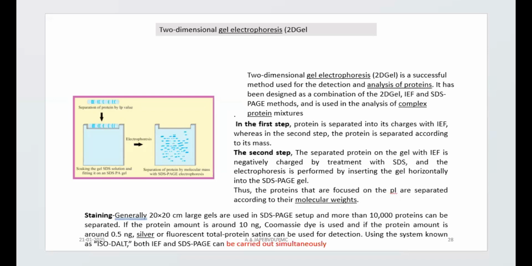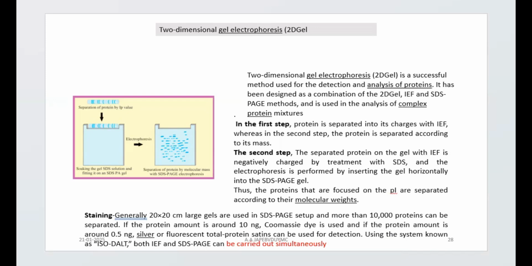So in the first step, the protein is separated on the basis of charge with isoelectric focusing. And in the second step, the protein is separated according to its mass. SDS is applied, so all the proteins are charged negatively by the treatment with SDS, and then they are electrophoresed.